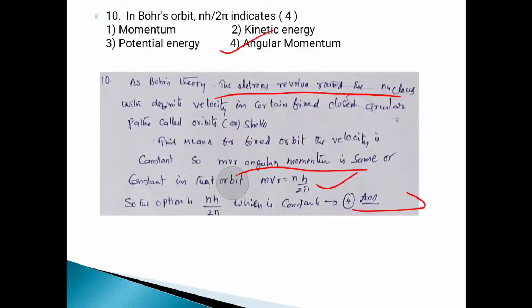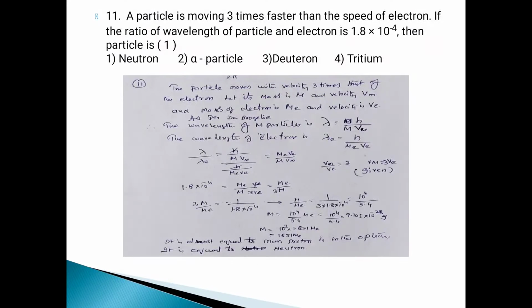Next, going to the 11th question. A particle is moving 3 times faster than the speed of the electron. If the ratio of the wavelengths of the particle and electron is given, what should be the particle?